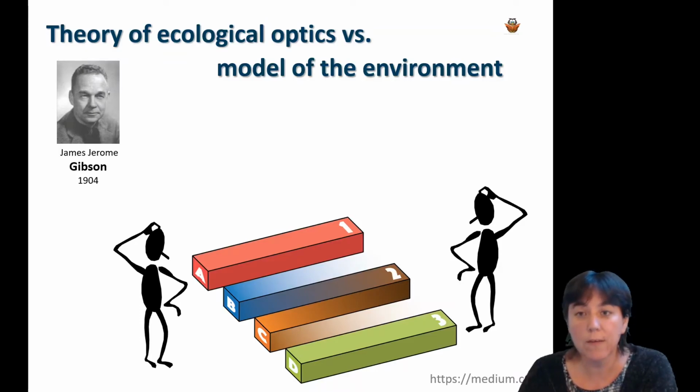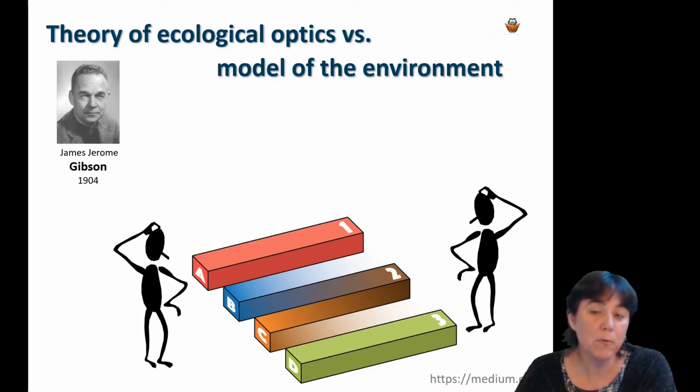On the contrary, the model of the environment theory explains that we have to have some kind of schema or some kind of image in our heads, a good working model which can serve us to understand what's happening around us.